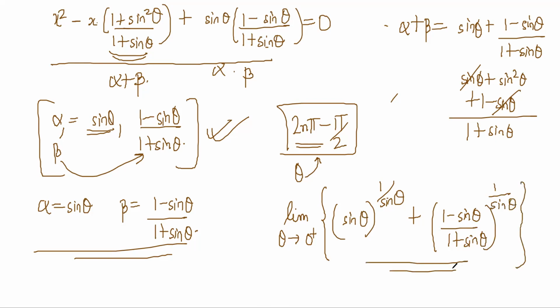You have to find this limit. So for this part, 1 by sine theta tends to infinity. So it is 1 to the power infinity, this one, right? Yes, sir. 1 to the power infinity it is coming.